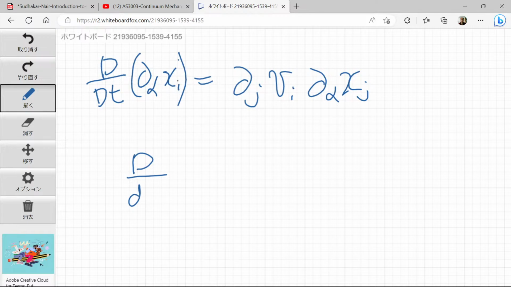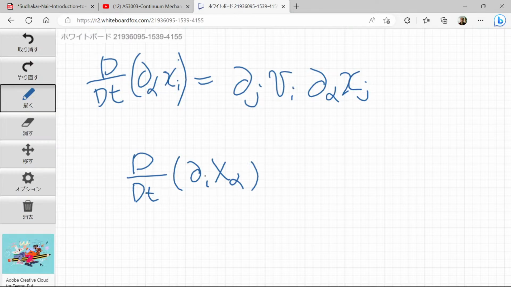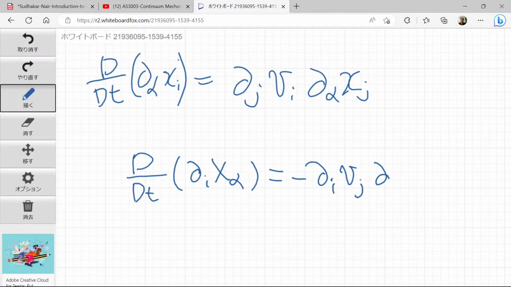Okay, then d/dt maybe partial i large X alpha. Is this what they say? Okay, which is minus partial i v_j, minus partial i v_j, partial j x alpha.